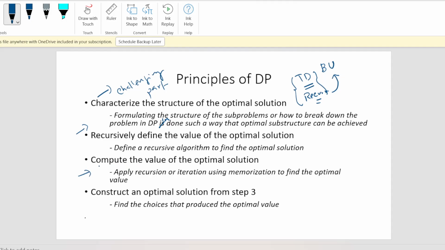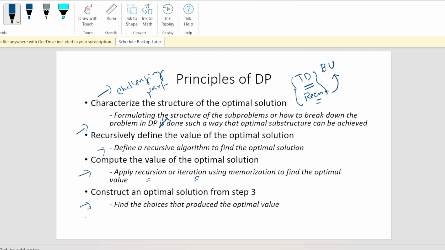The third point is we compute the value of the optimal solution. This is nothing but we apply the recursion that we found over here, or the recursive algorithm we found in the second point. Then we apply recursion or iteration after conversion if needed, using memoization to find the optimal value. Okay.